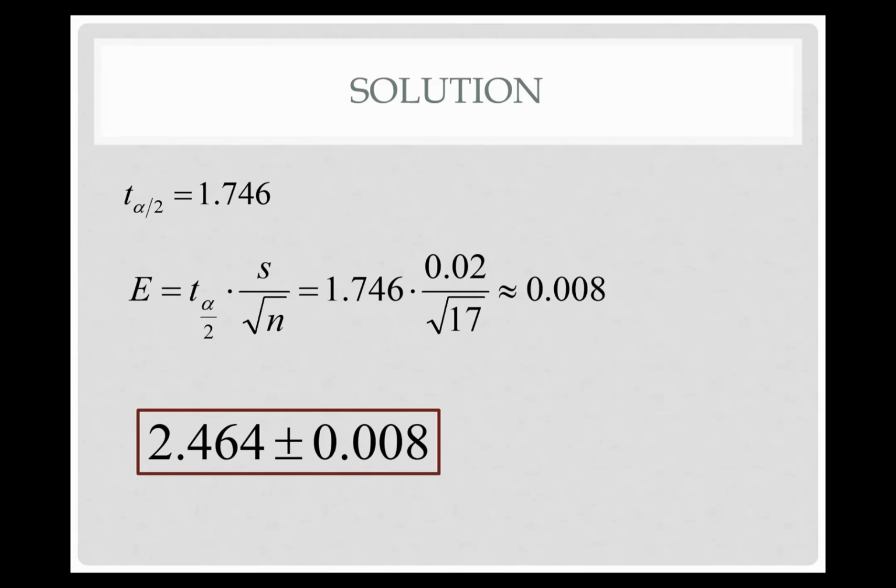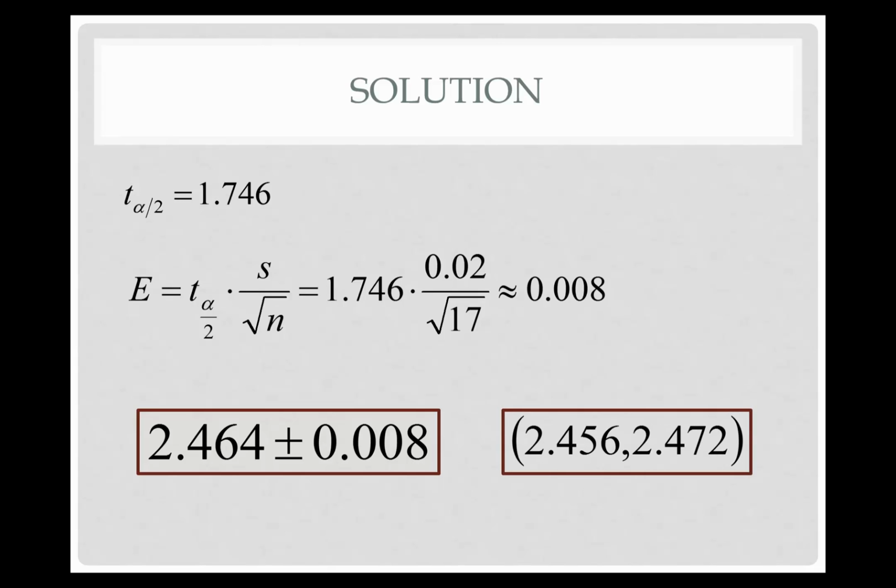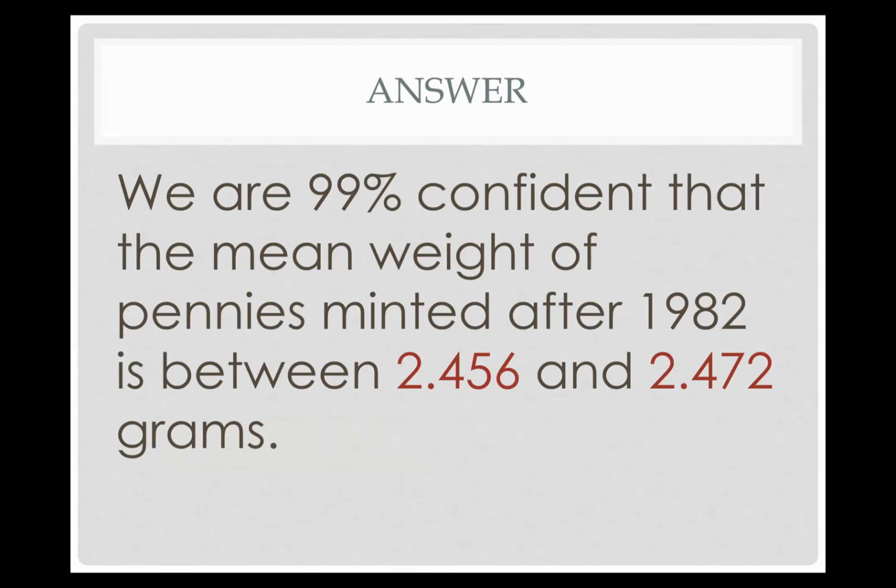And then we take our point estimate, which was the mean, 2.464, and the calculator will give that to you, and you will add and subtract your margin of error. And so we end up with this interval of 2.456 to 2.472. So we can say we are 99% confident that the mean weight of pennies minted after 1982 is between 2.456 and 2.472 grams.